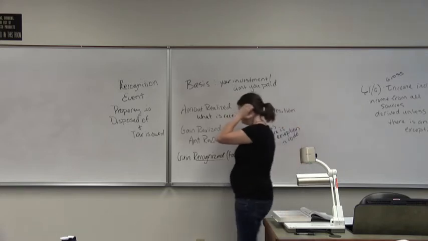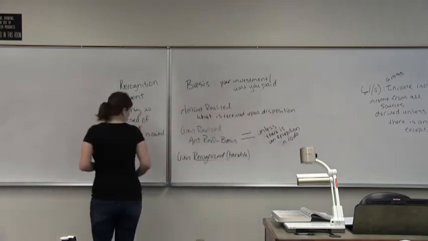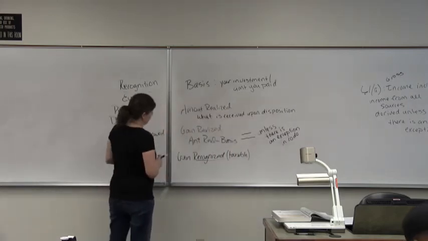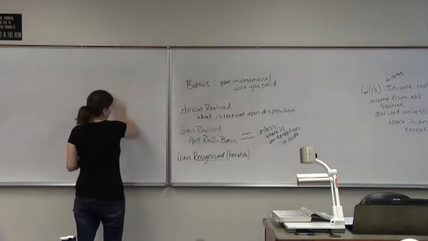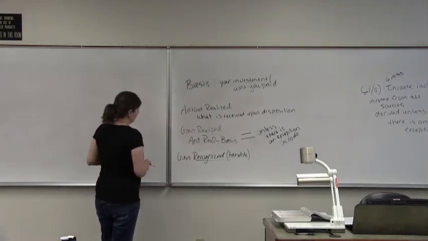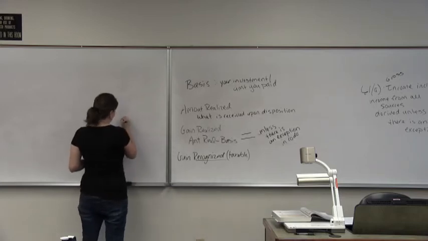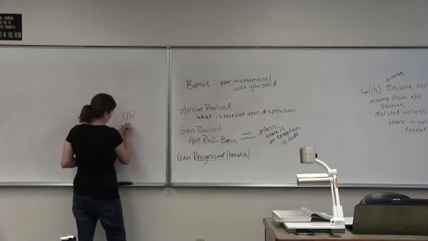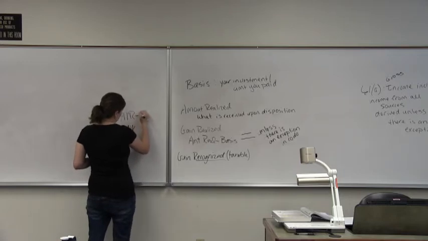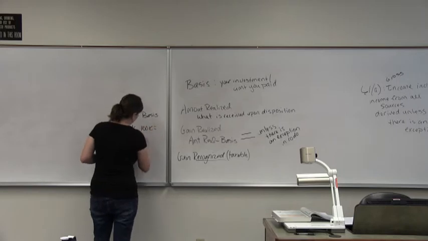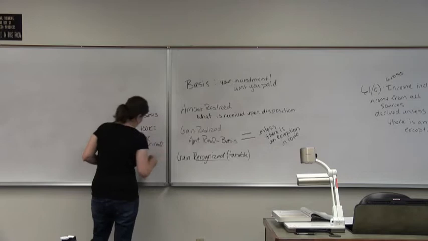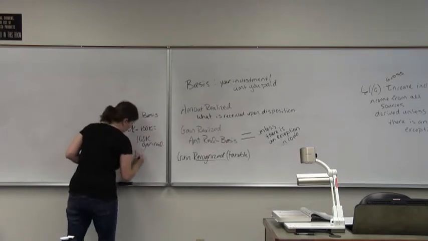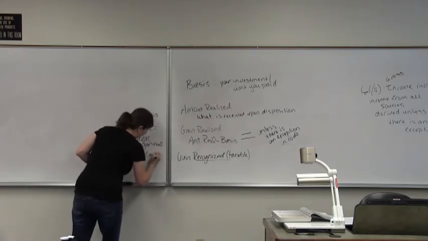So we have this house I was just talking about, and you have an amount realized for this house of $200,000 minus your basis, which is $100,000, equals $100,000 of gain realized, which is also going to equal $100,000 of gain recognized.